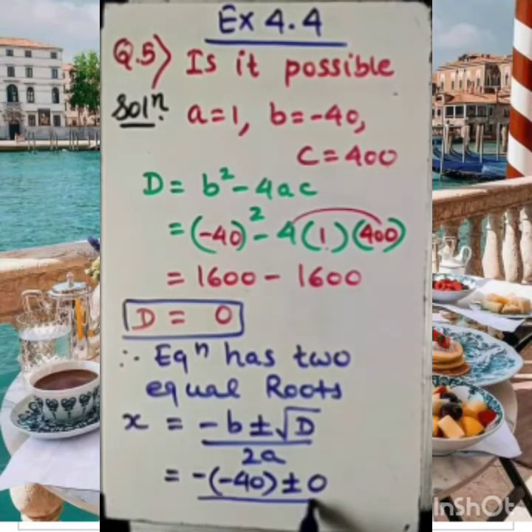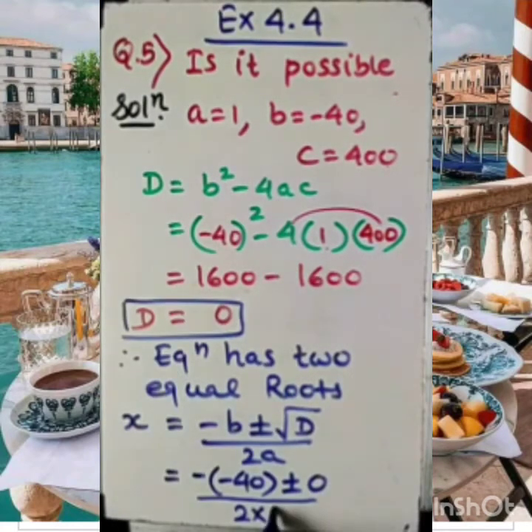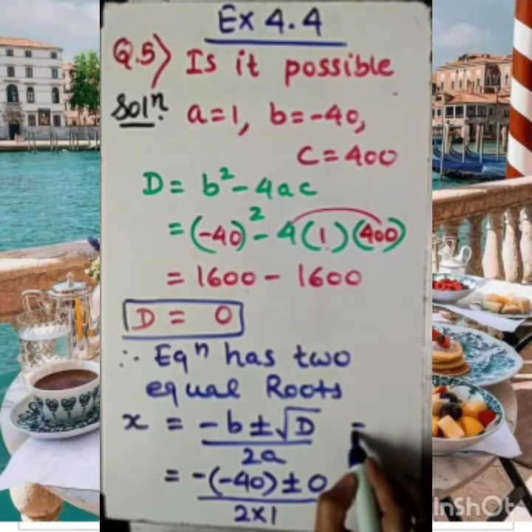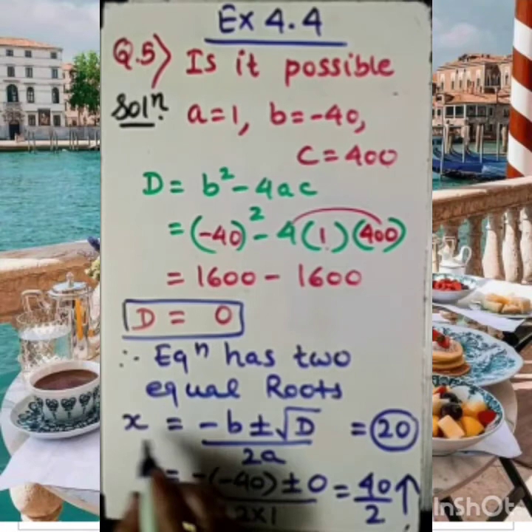In the denominator, 2 into a. What is the value of a? That is 1. So, can I say here minus of minus 40 is plus 40. The next step, 40 divided by 2, that is 20. So the value of x is 20.